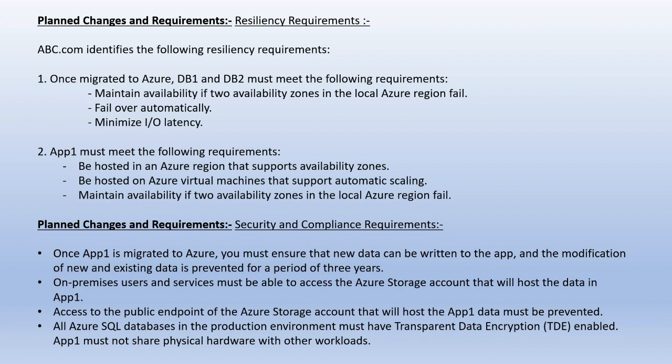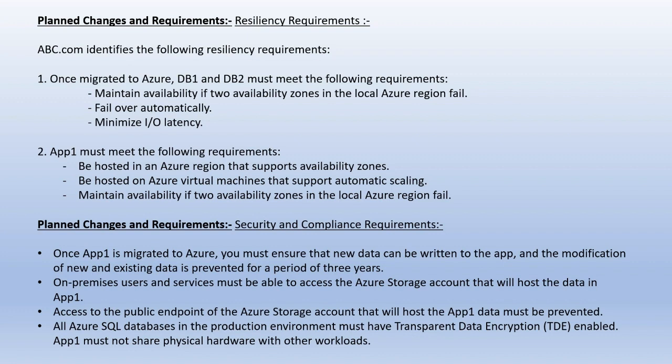Second, F1 must meet the following requirements. So which are the requirements for F1? F1 must be hosted in an Azure region that supports availability zones. F1 must be hosted on Azure virtual machines that support automatic scaling. F1 must maintain availability if two availability zones in the local Azure region fail.